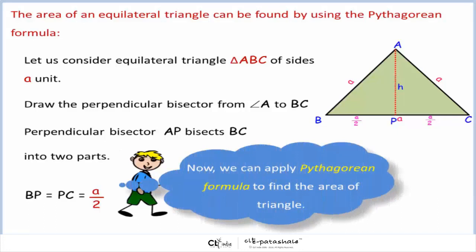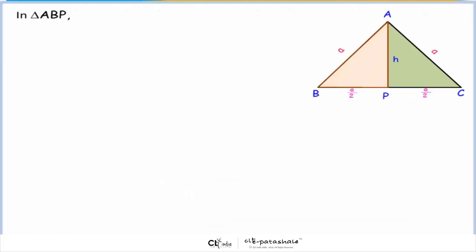Now we can apply Pythagorean formula to find the area of this triangle. In triangle ABP, A square is equal to A by 2 square plus H square. This is derived from the Pythagorean formula.